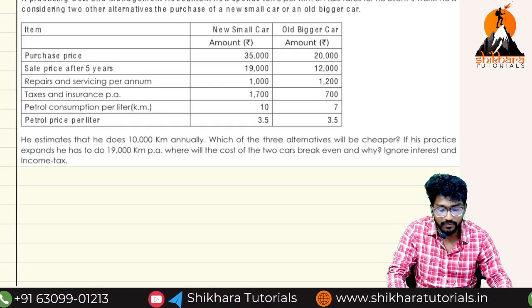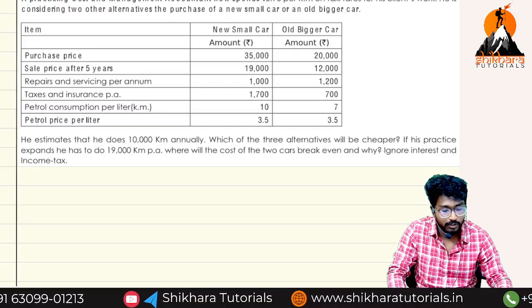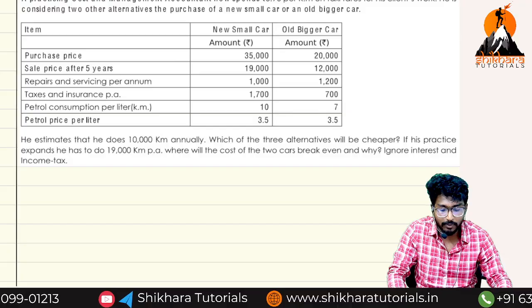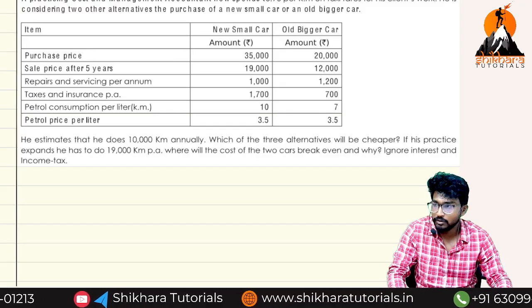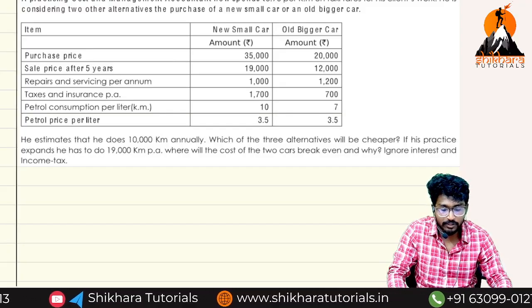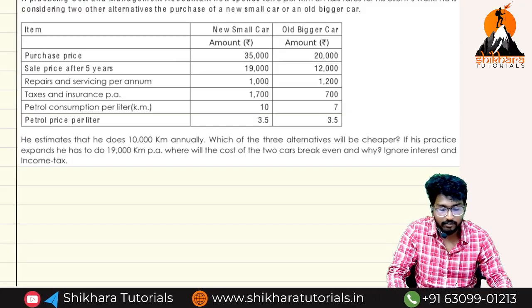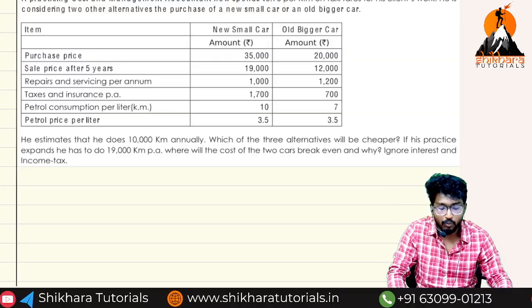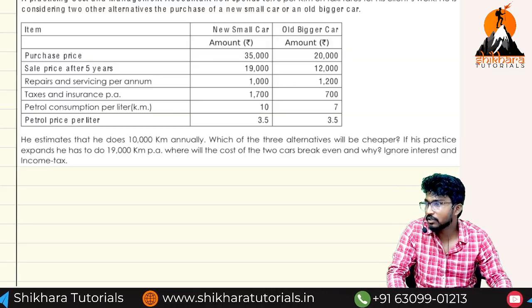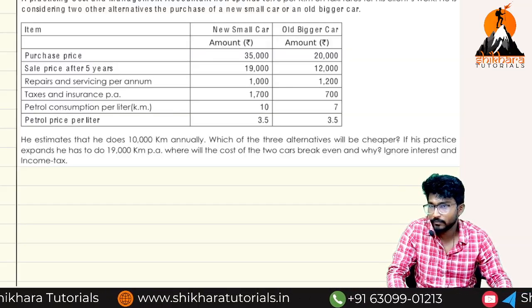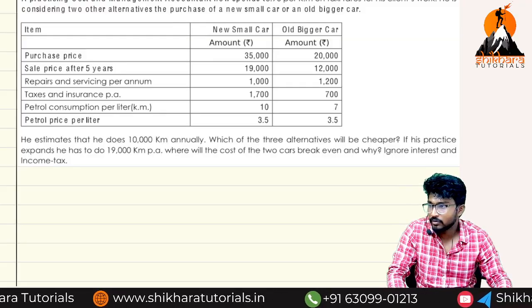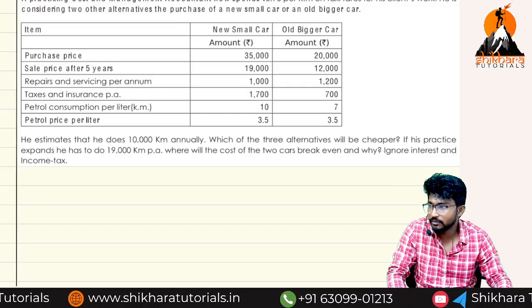Sale price after 5 years, 19,000 and 12,000. Repair and service per annum, 1,000 and 1,200. Taxes and insurance per annum, 1,700 and 700. Now, what are the fixed costs we have here?